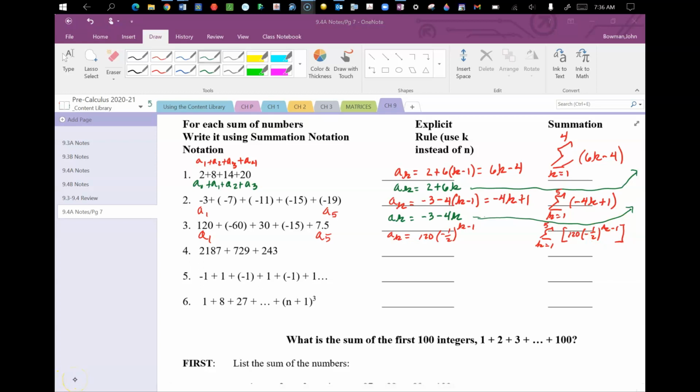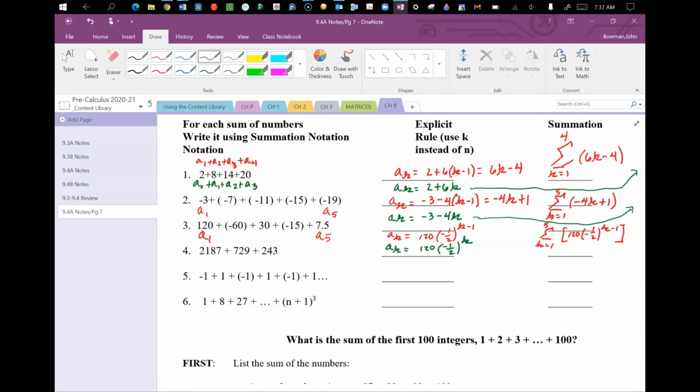If you were to write the explicit rule for number 3, starting with an index of 0 and going to an index of 4, your explicit rule in green, I'll write right here, would be A sub k is equal to 120 times -1/2 to the k power. And then your summation notation would be using that explicit rule.